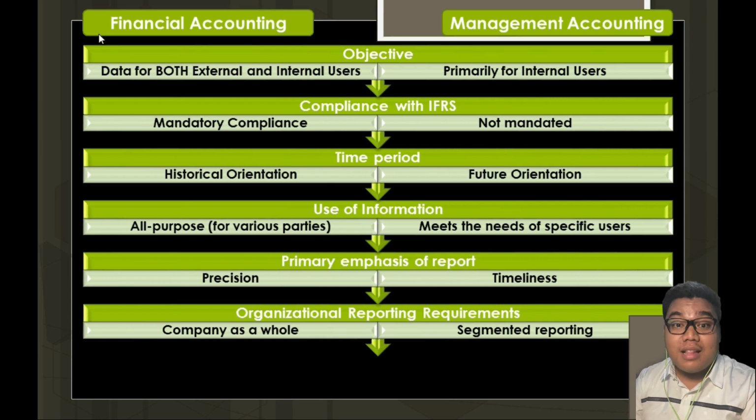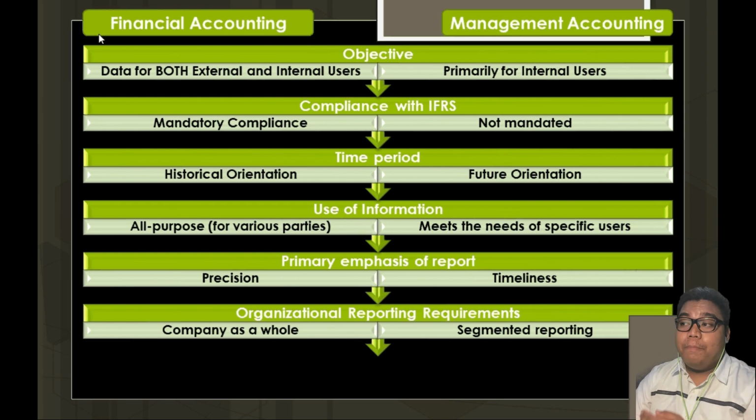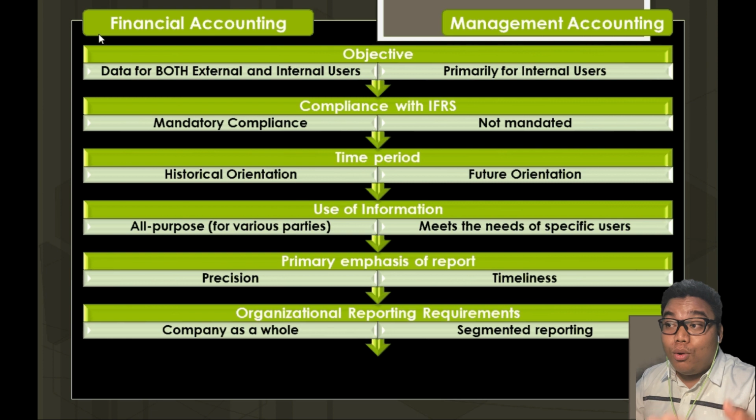Because the more detailed the report is, or the more it dwells into a specific segment, the more it increases its value, because it increases the information that it provides. Also, management accounting reports are segmented in nature because they promote responsibility across teams.